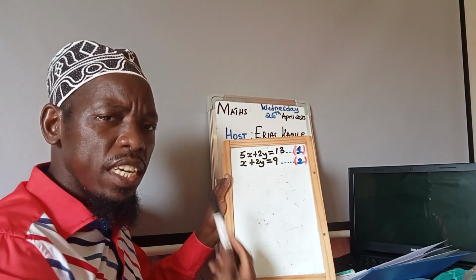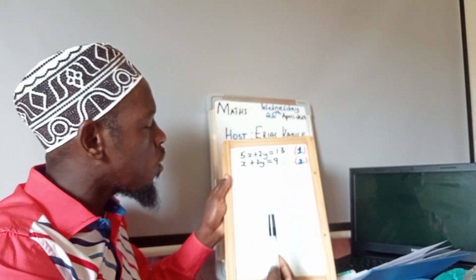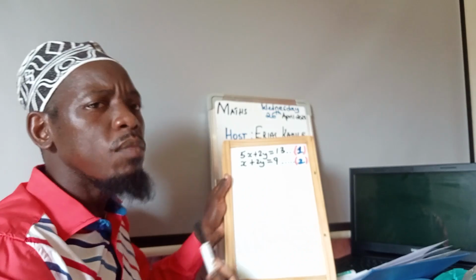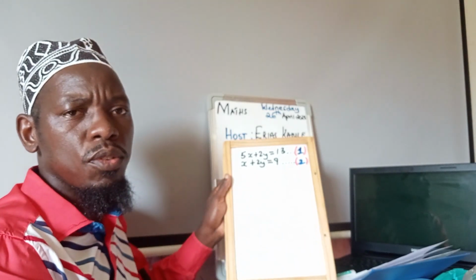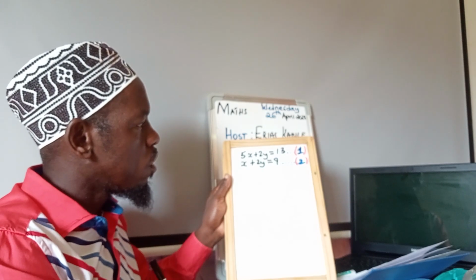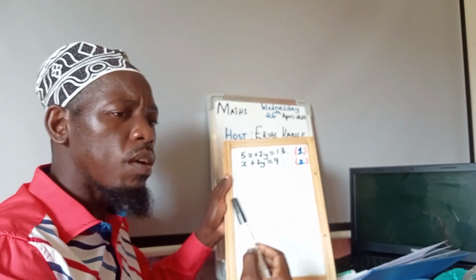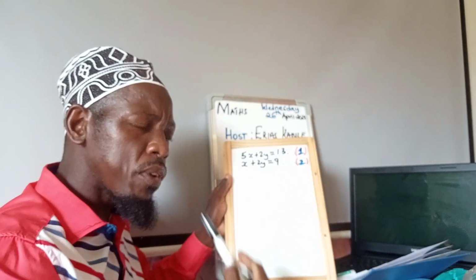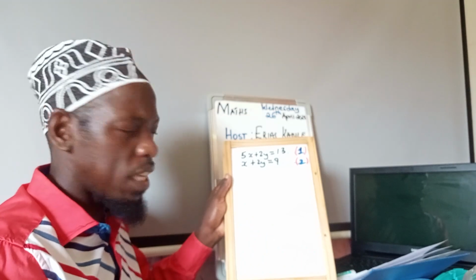So when we are eliminating, it is good you look at a variable which has the same coefficients. So it makes it very easy for us to do the elimination. So in case the coefficients are not the same, again we shall see how you do your manipulation for you to be able to eliminate in that case.